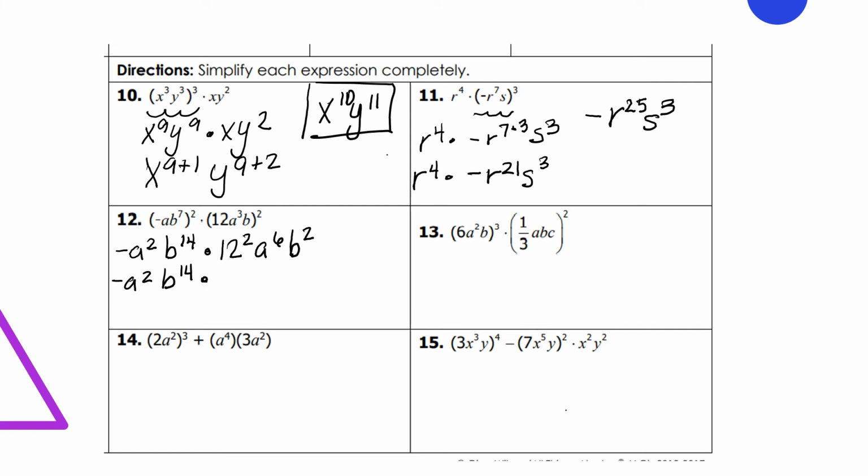So 12 squared is 144. Now I have negative 144. Now I'm going to add those exponents because I'm multiplying. A to the 8th, b to the 16th.